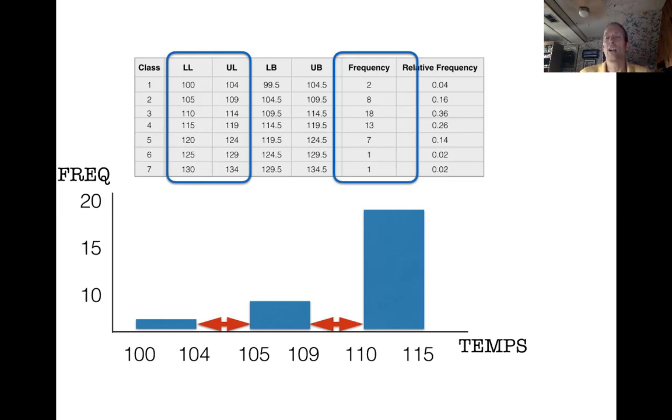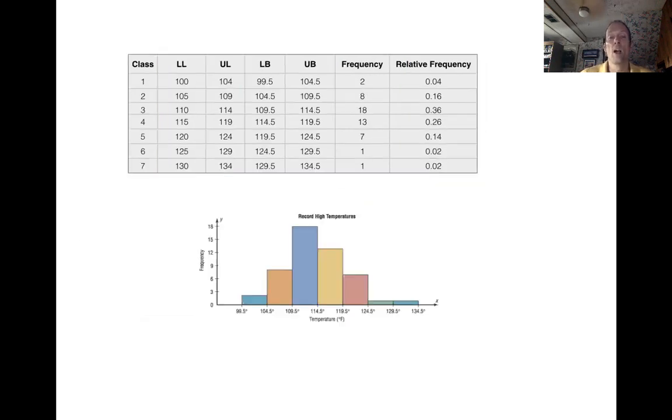So how do you do that? How do you close out all the air in between those blocks? Our answer is that's exactly what we're going to use our lower bounds and our upper bounds for. And it's going to help facilitate our visual analysis. So just to make sure that we can eyeball properly what's happening here, our first class went between 99.5 and 104.5 degrees.